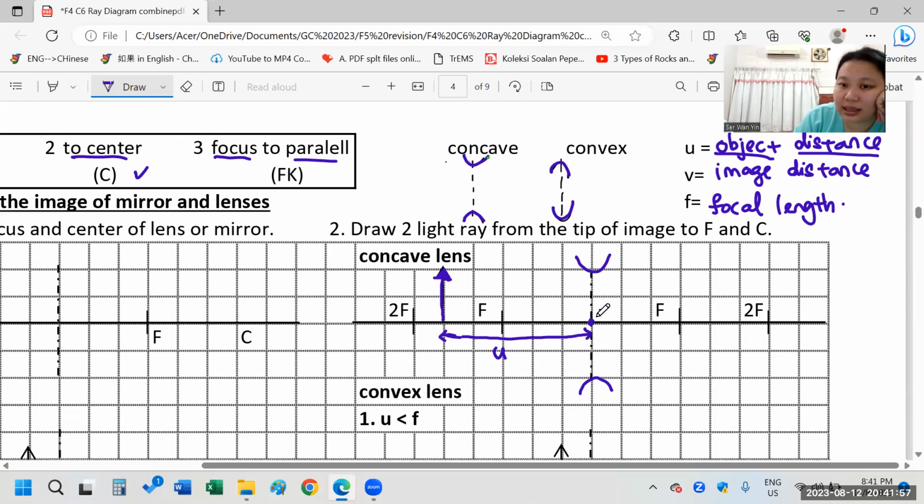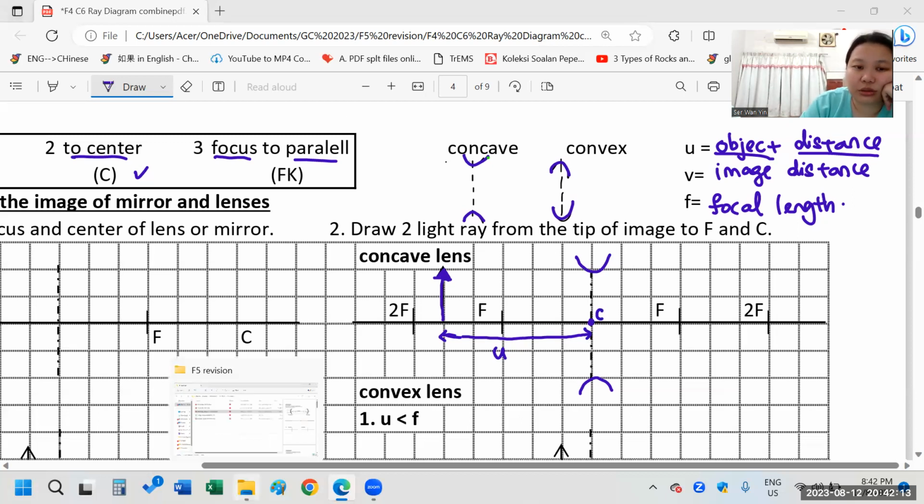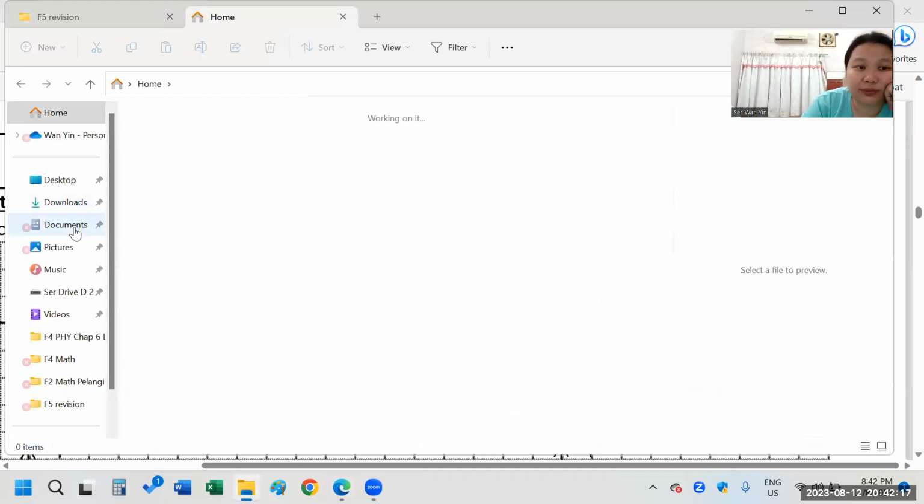Yeah, here is the center. Then when there is an object, surely there is an image. Where is the image? Never mind, we will get the diagram first.